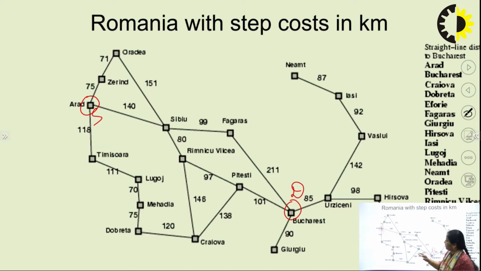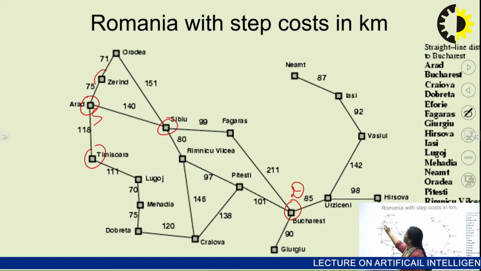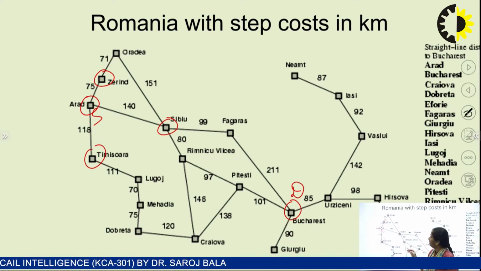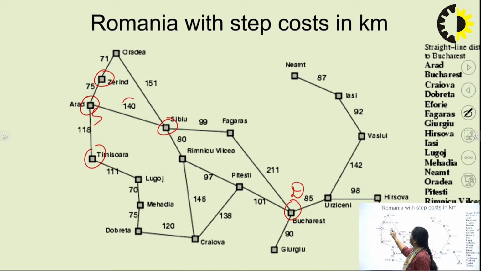If I start from Arad, we can see from the map that it has three neighboring cities: Sibiu, Timisoara and Zerind. The path from Arad to Sibiu is 140 kilometers, Arad to Zerind is 75, and Arad to Timisoara is 118.